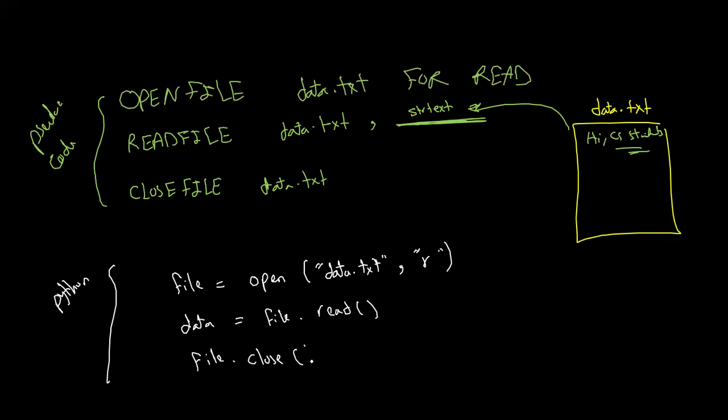Don't forget to close the file after you finish reading or writing from your file. Okay? As we mentioned before, when you use sub-programs or subsystems, this will be easier for your program.